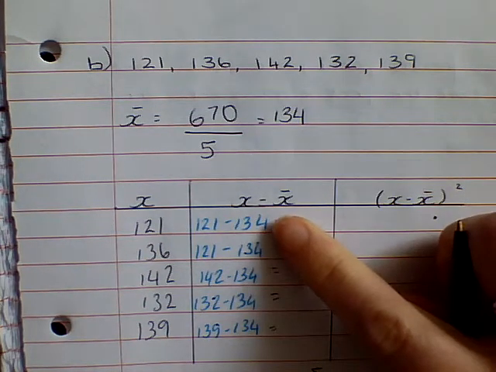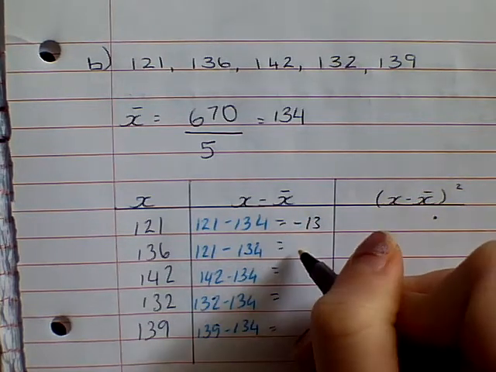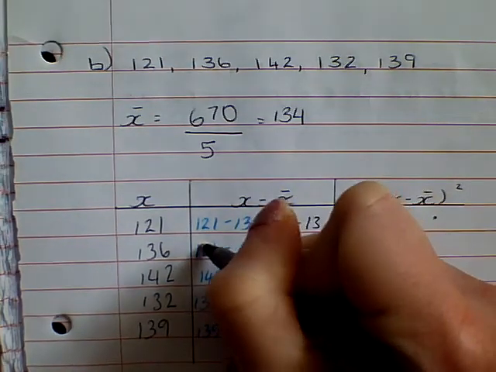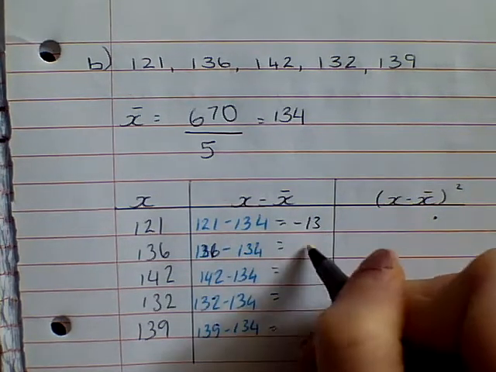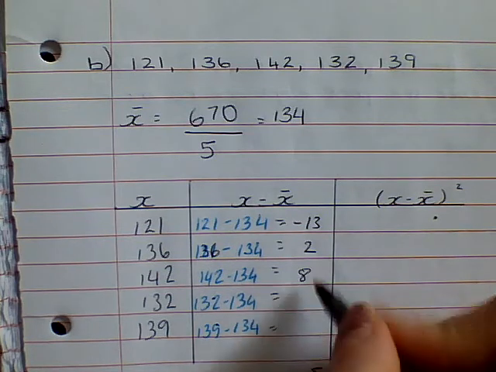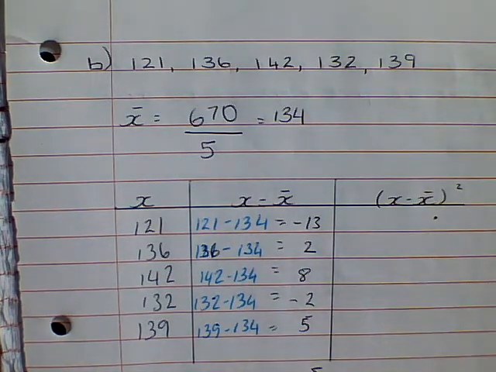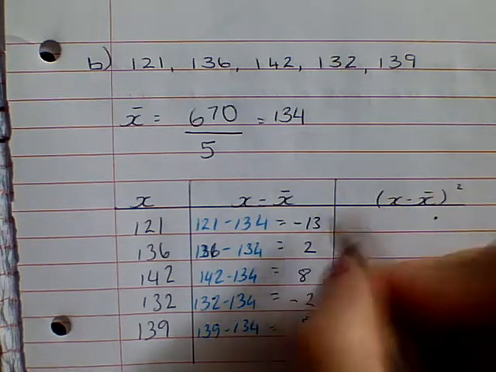So for our first bit, we've got negative 13, then we've got, sorry, I've made an error there, that should be 136. Then we've got 2, 8, negative 2, and 5. Blue pen, so you don't need to write this, is squaring those numbers.